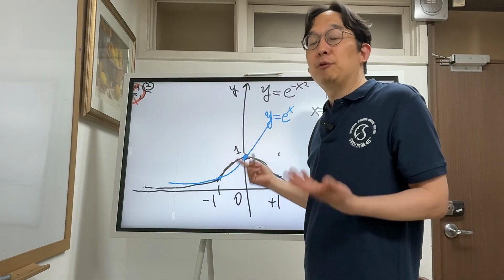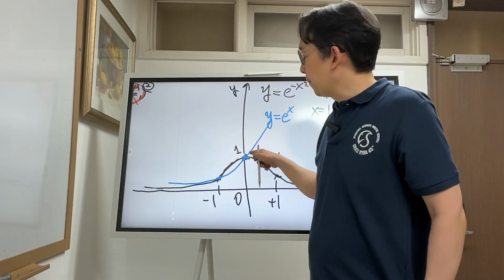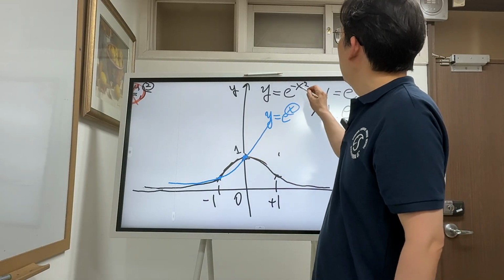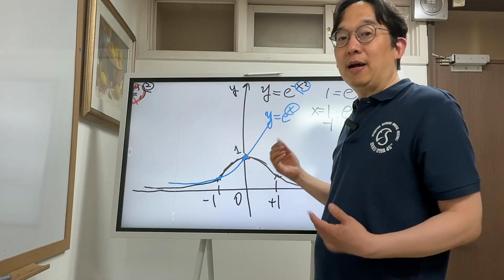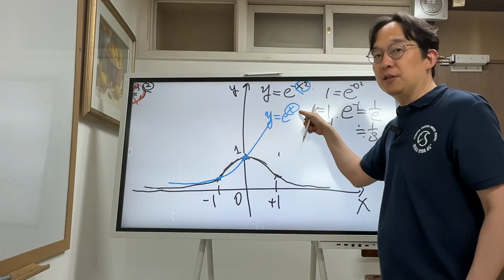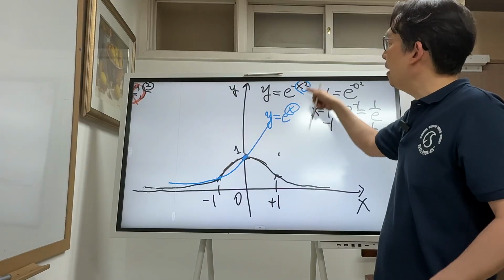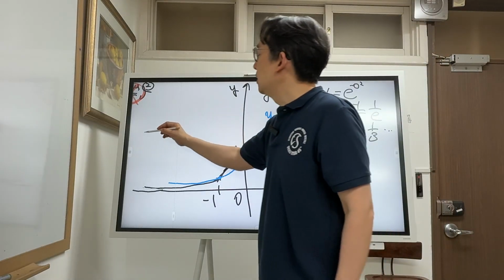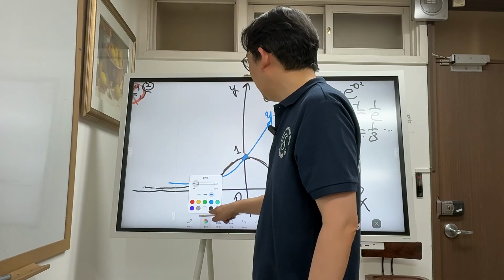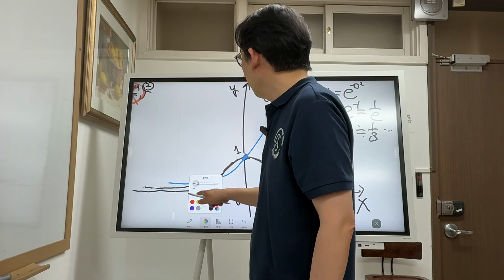But the speed of approaching 1 has to be different, because this one is e to the power of minus x squared, a square term, whereas this is a linear one. The comparison between these two is exactly like the comparison between a line and a parabola.